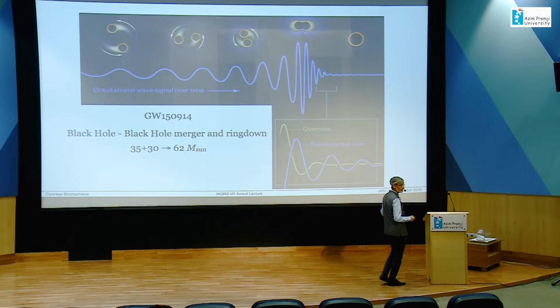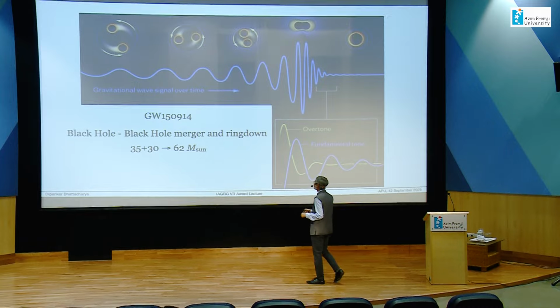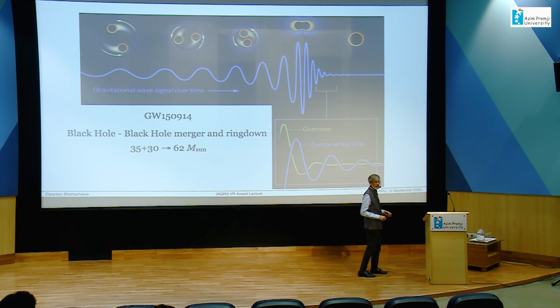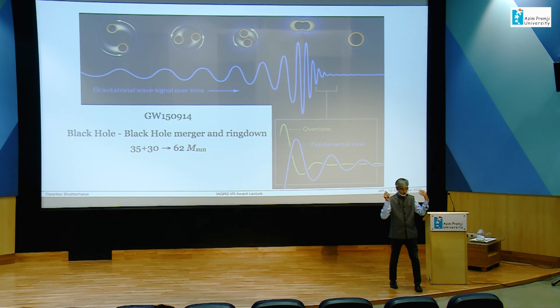So this is another test of gravity and another signature of strong gravity which you see. So in this case, two black holes of 35 solar mass and 30 solar mass merged to give a 62 solar mass black hole. 3 solar mass of material got converted into gravitational waves and left the system.